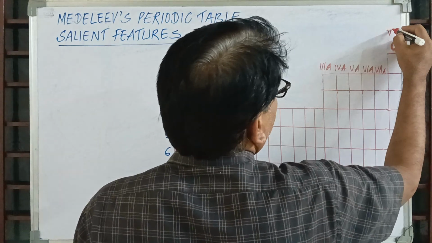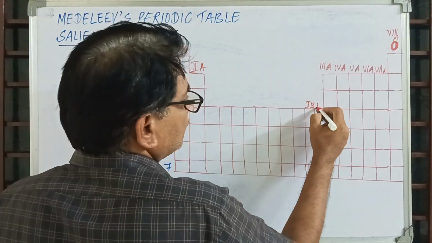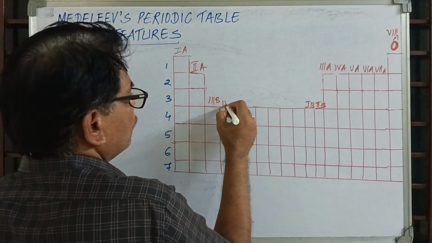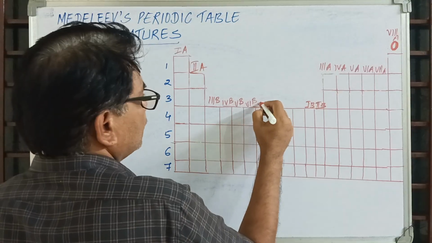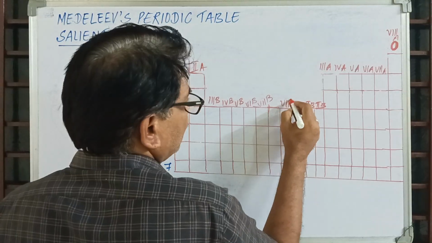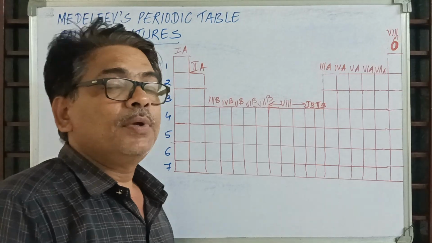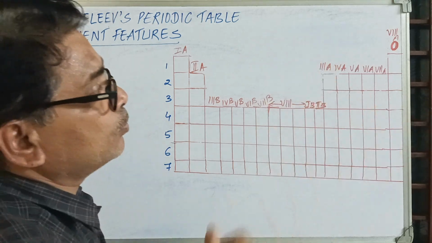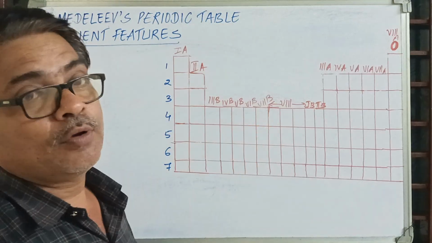They can also be represented as 8th A. Meanwhile, this is first B, second B, third B, fourth B, fifth B, sixth B, 7B, and these three put together are 8B or 8. So altogether how many periods do you have? 7. And how many groups? 16 groups. So this is about the modern periodic table.